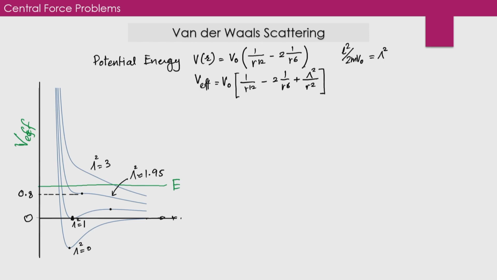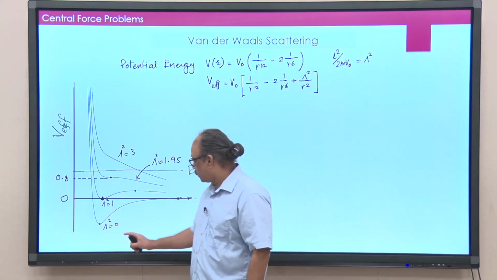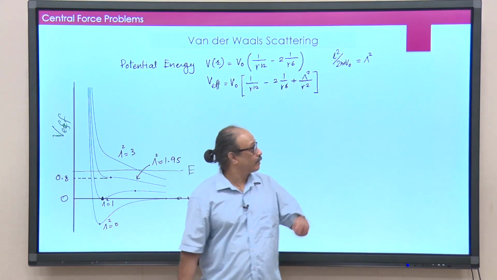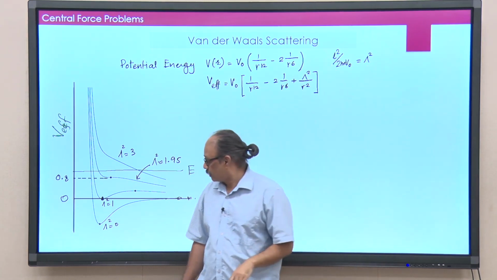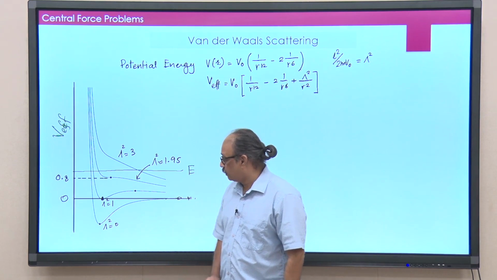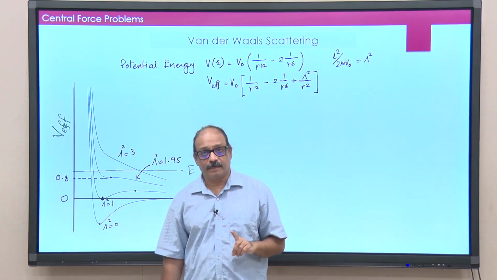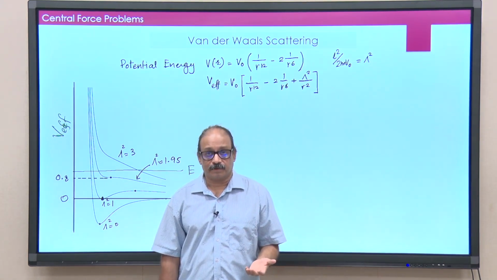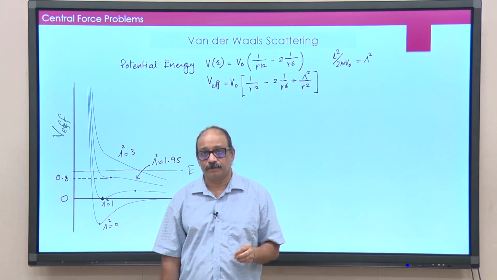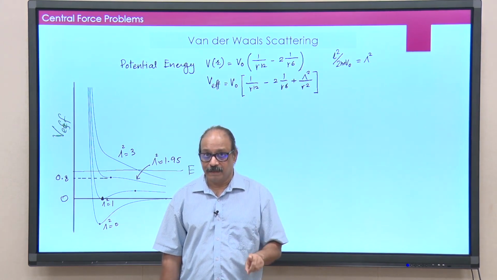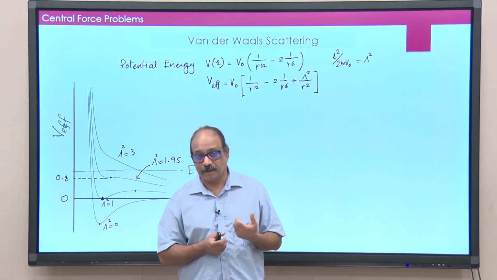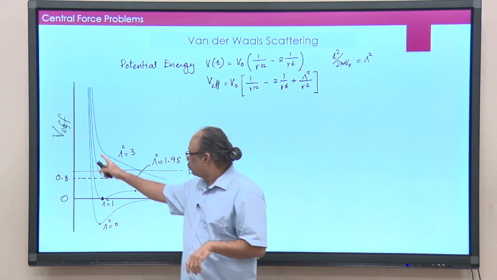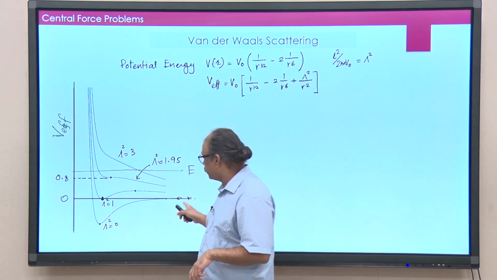First of all, if I take 0 angular momentum, L is equal to 0, capital lambda is 0. So, if lambda square is 0, what I would get is basically van der Waals force, and you remember van der Waals force already has one minimum in it, and that is how an atom, a molecule is formed. So, you have a curve which goes like this.